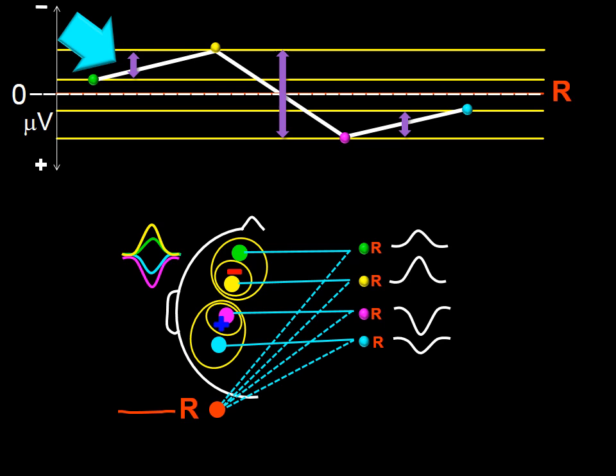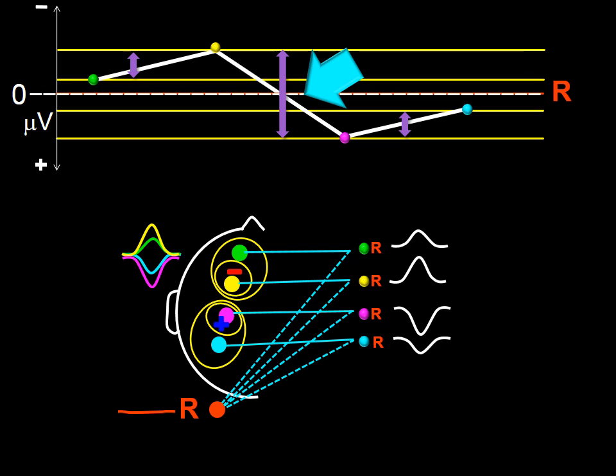Which I am representing by a light purple arrow between the green and the yellow electrodes. And between the magenta and the aqua electrodes, which I am also representing by a light purple line.